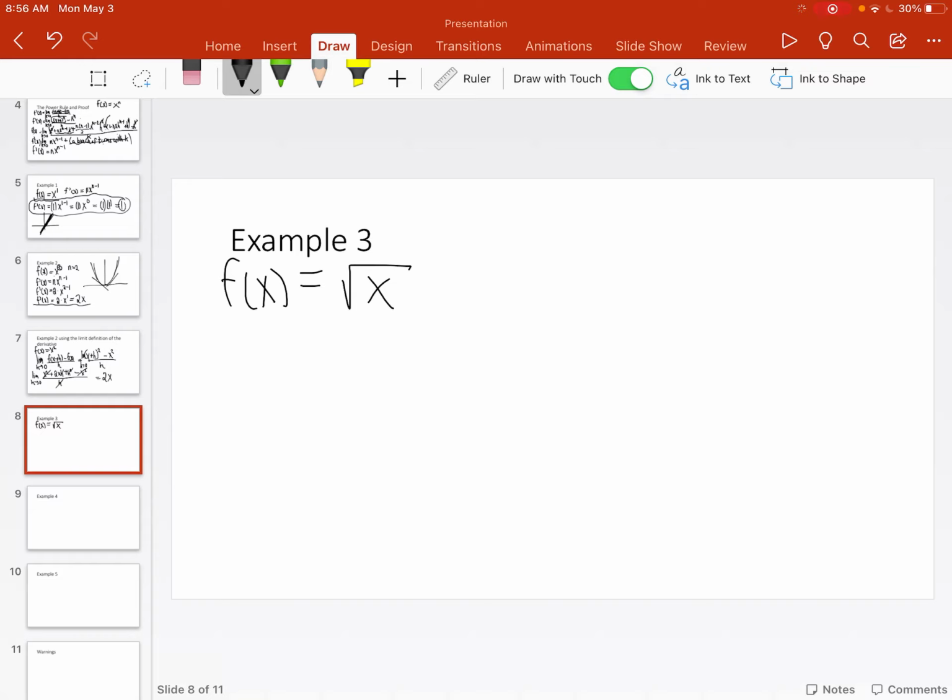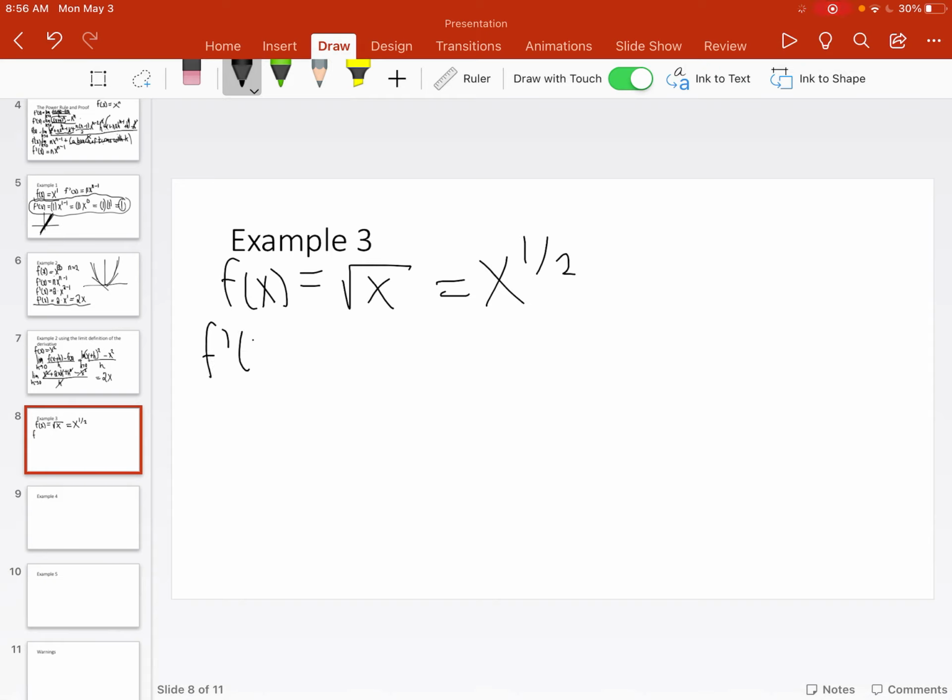If you do, you can right off the bat see that if f of x is root x, this can also be written as x to the half. The root x is just x to the 1/2.